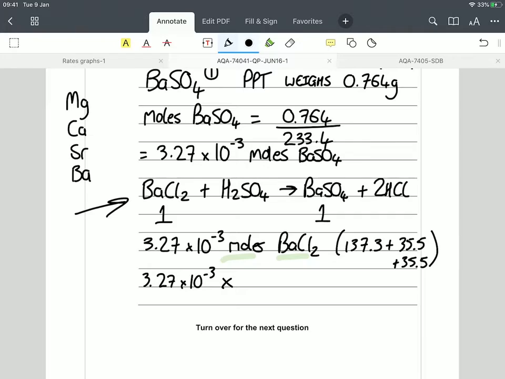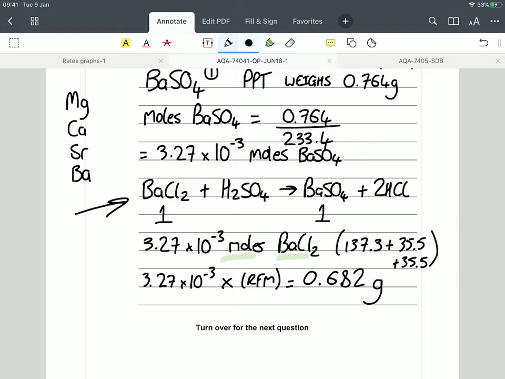Okay, so the answer is 0.68, and then if we do it to 3 sig figs, 2 grams. Okay, it's actually 0.6818, blah, blah, but let's call it 0.682 grams.